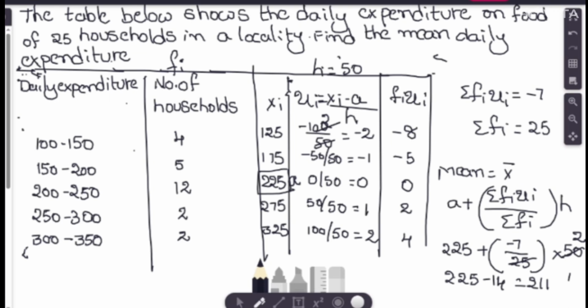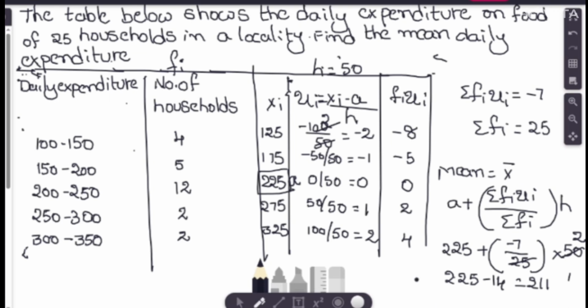But if they ask differently, by an appropriate method or suitable method, it is better to go for the assumed mean method. If the data is huge, then you have to choose the step deviation method, because for big data it will be easy, and the calculation part is reduced.